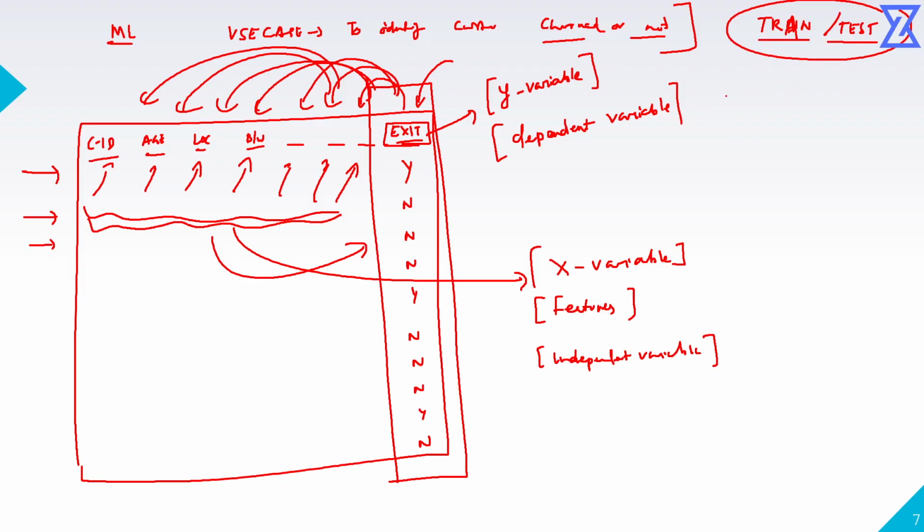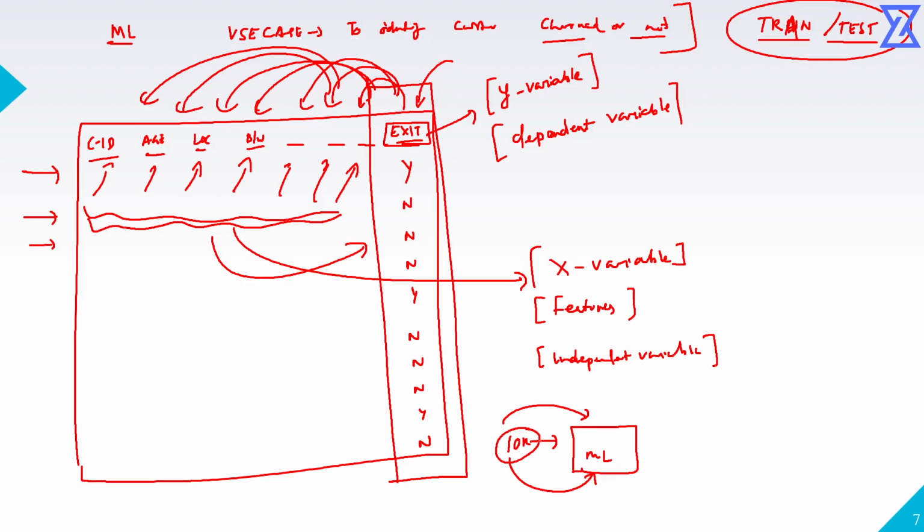One is training and one is testing. Simply imagine that you have 10,000 records and you want to create a machine learning model. If you train on the entire data, how will you test it, right? So it is not advisable to use the entire data for building your machine learning model.